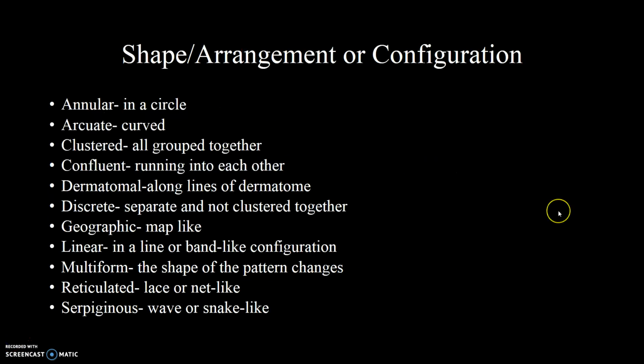So the next consideration is the shape and the arrangement or configuration of the lesion. These are terms that not everyone's familiar with. Annular is in a circle, and I think of ringworm, Tinea corporis. Clustered, all grouped together.